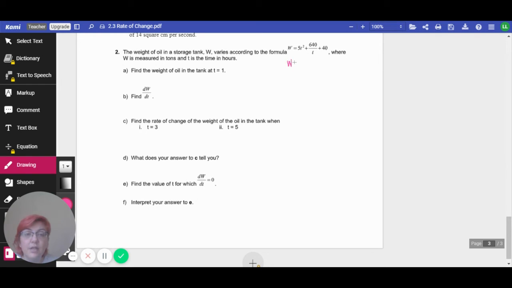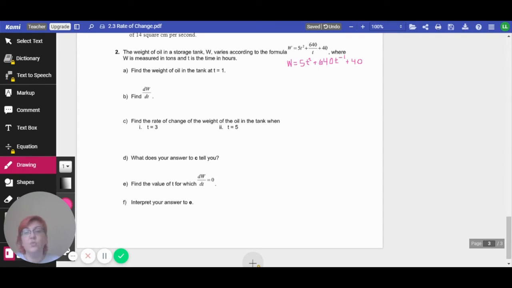W equals 5t squared plus 640 t to the negative 1 plus 40.